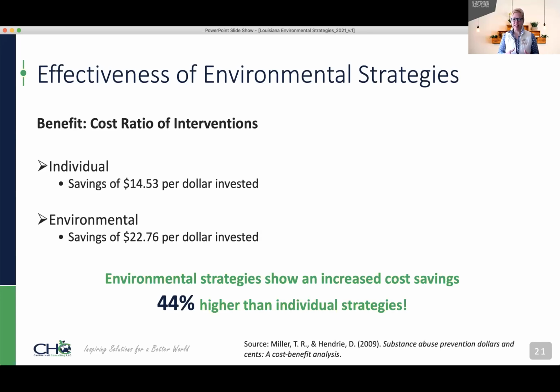That's where we're seeing these savings. And so these are conservative values because it does not take into account individual spending or quality of life, just taxpayer funding.